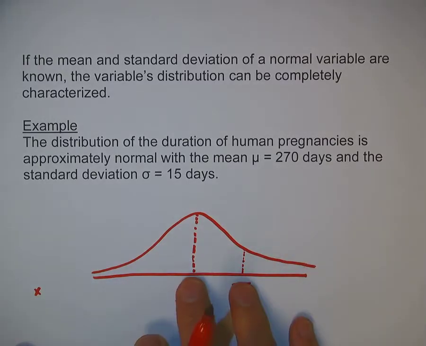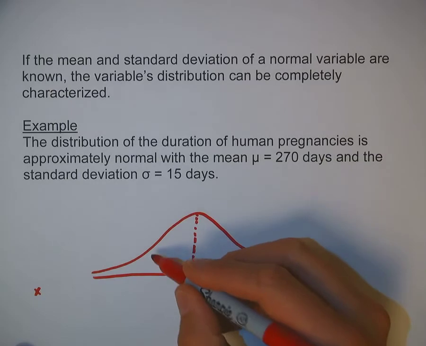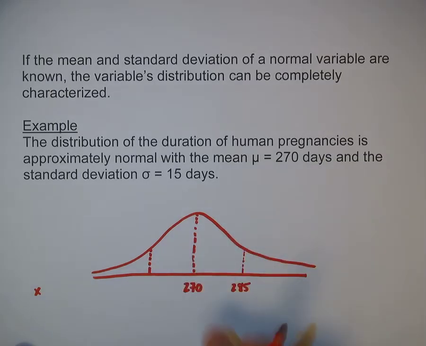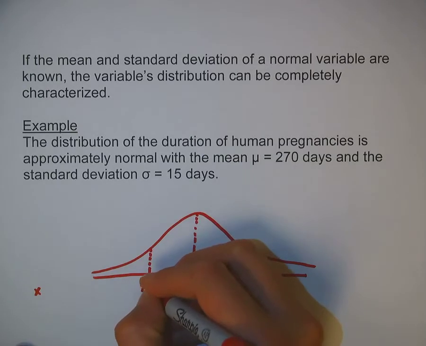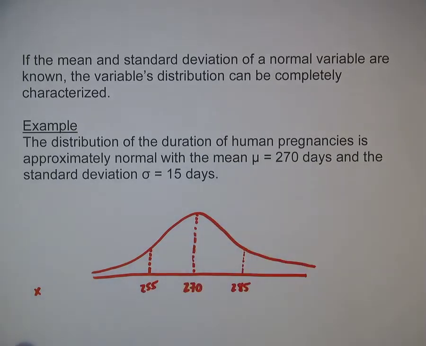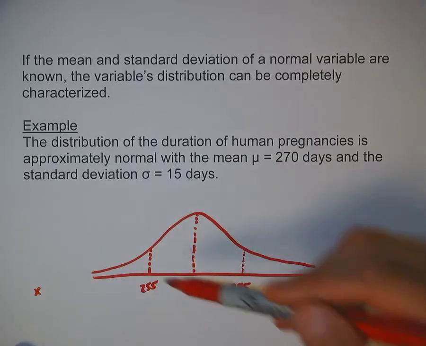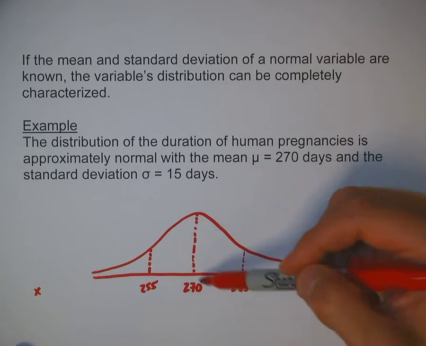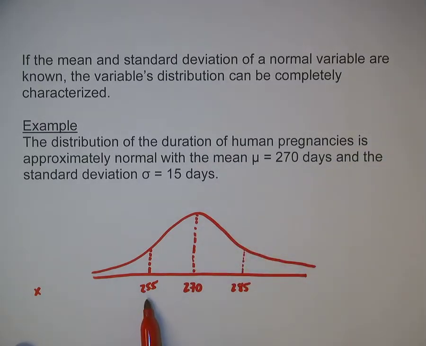Then I want to go the same distance below, a standard deviation below the mean, so where this distance is about the same as this distance, and this is going to end up being 255. Remember, the definition of standard deviation is the typical distance from the mean. So it's typical that a pregnancy would last anywhere between 255 days and 285 days.